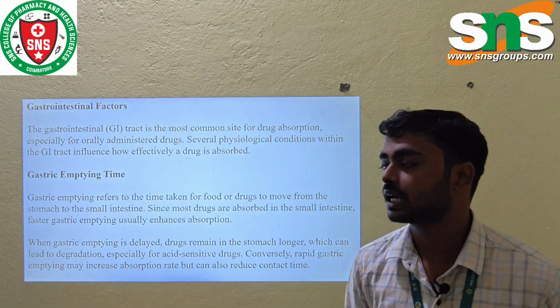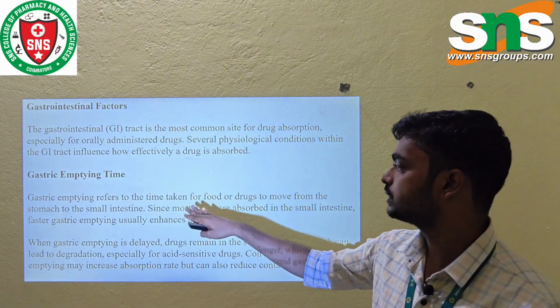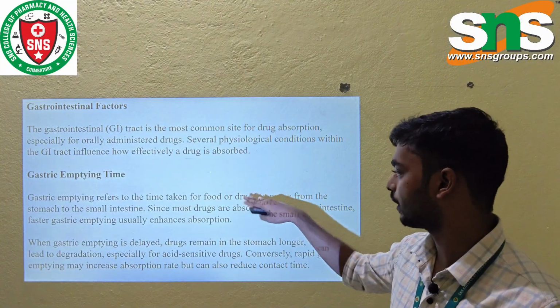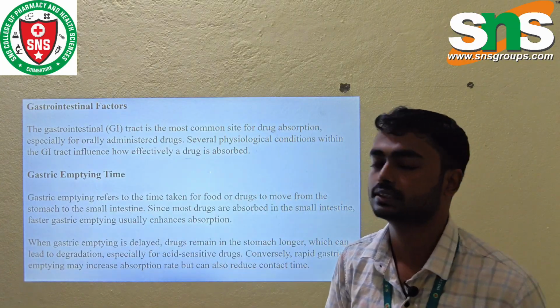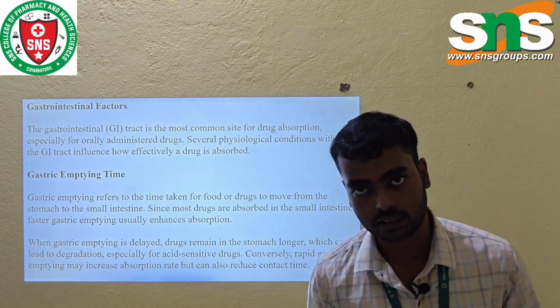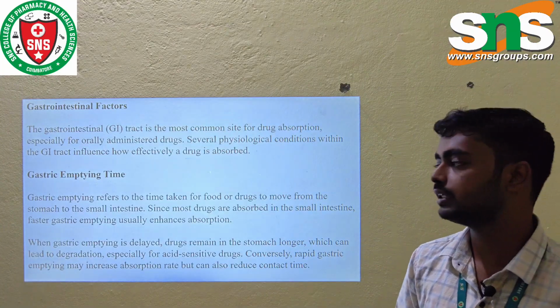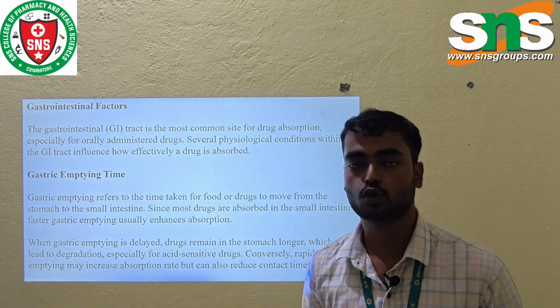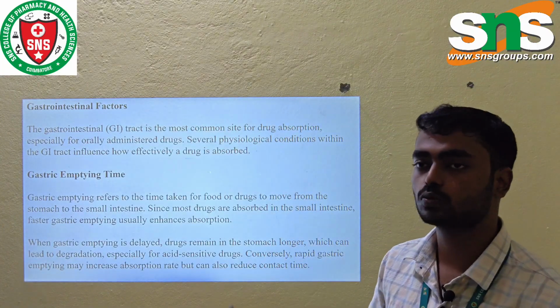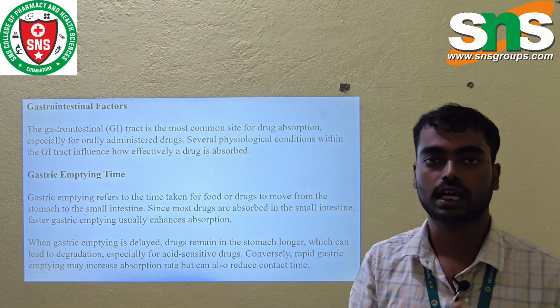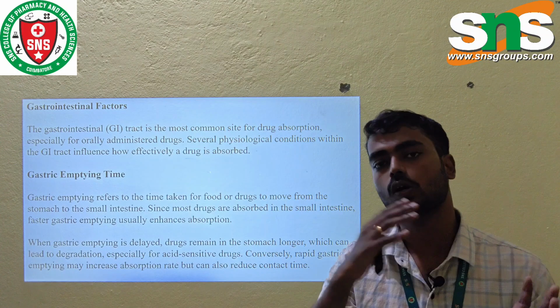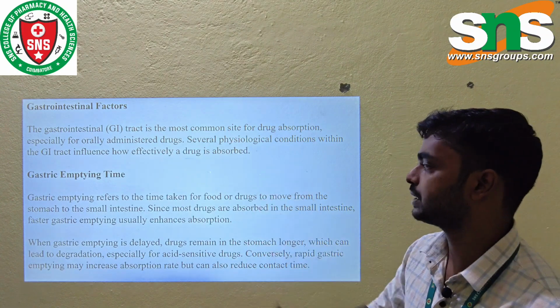Gastric emptying time refers to the time taken for food or a drug to move from the stomach to the small intestine. When we take a drug or food, it first reaches the stomach, then the small intestine. This transit time is known as gastric emptying time.